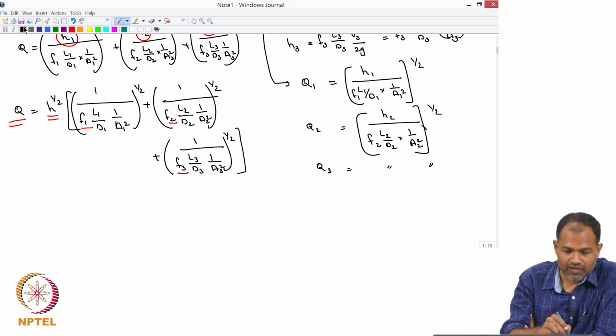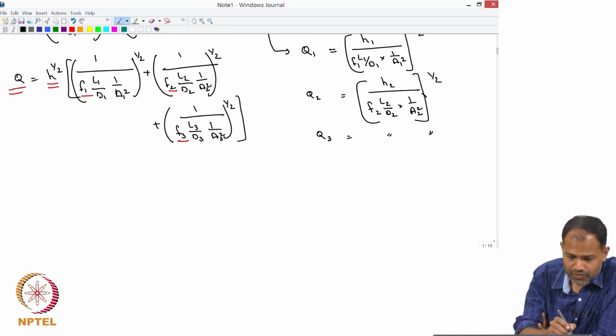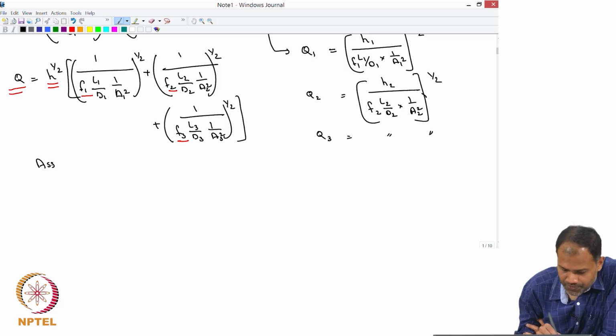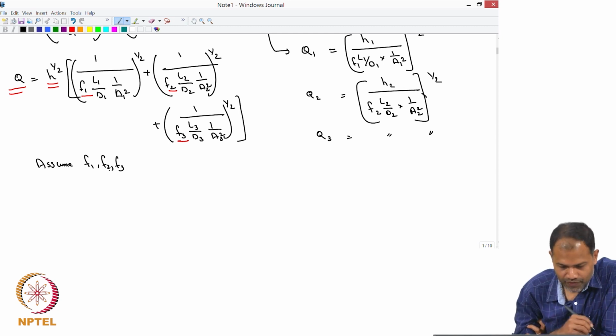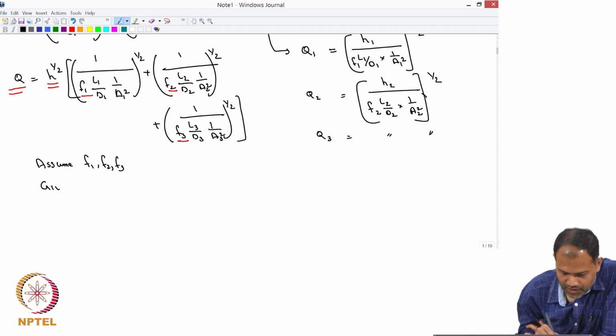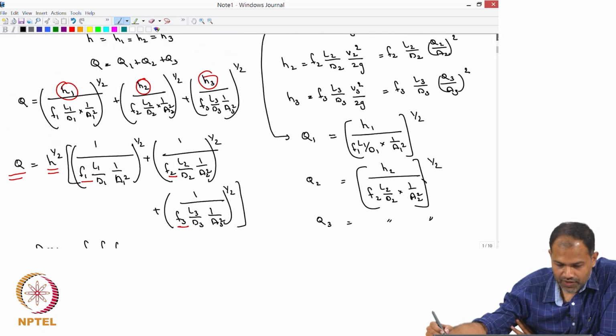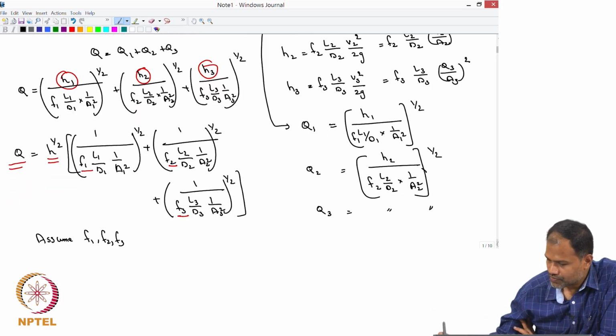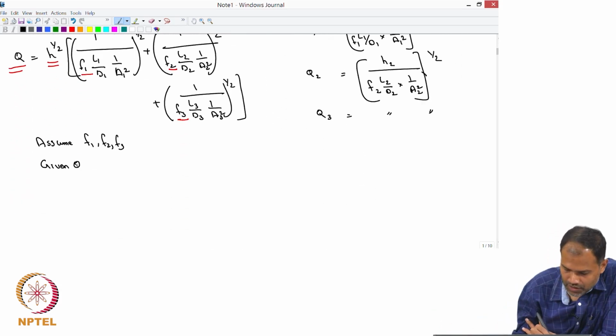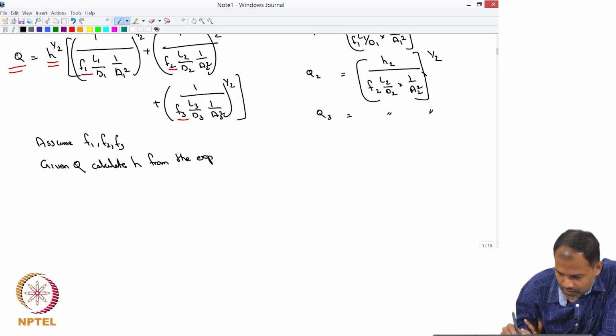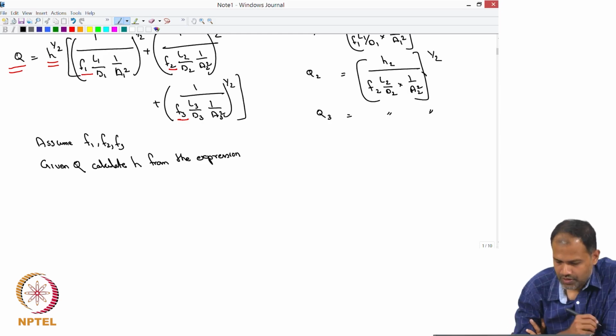So, the only way one can do is to assume F1, F2, F3 given. So what is the question? Given Q, calculate H from the above expression. Okay.